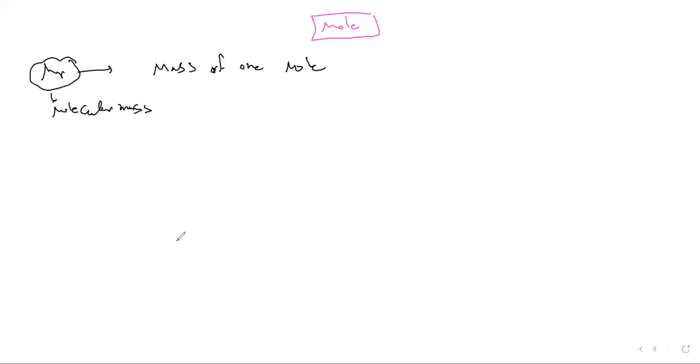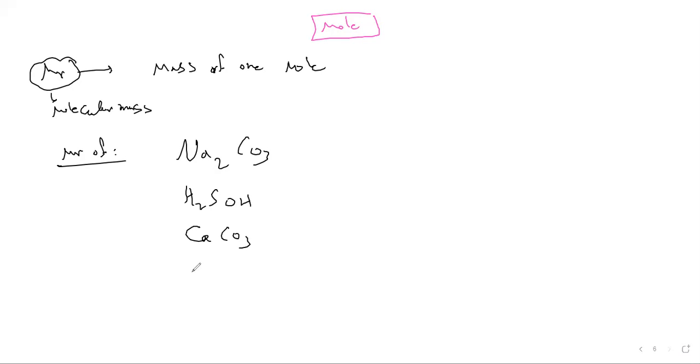For example, if you want to calculate the MR of each of the following: Na2CO3, H2SO4, CaCO3. How do we calculate the molecular mass?